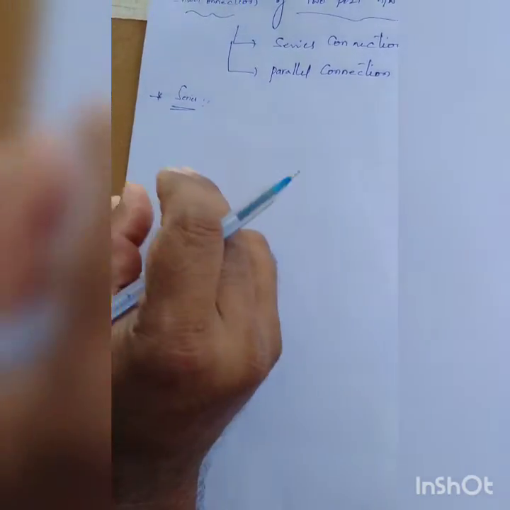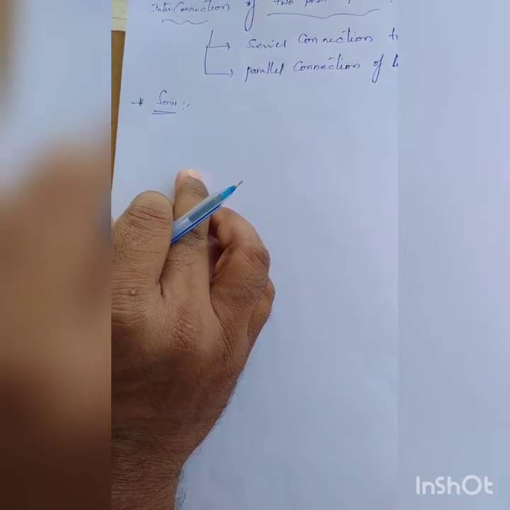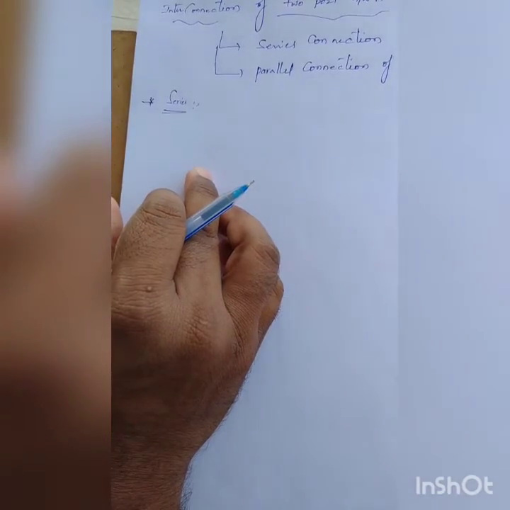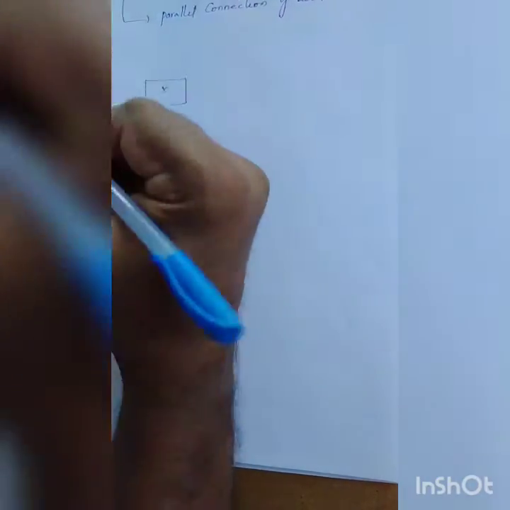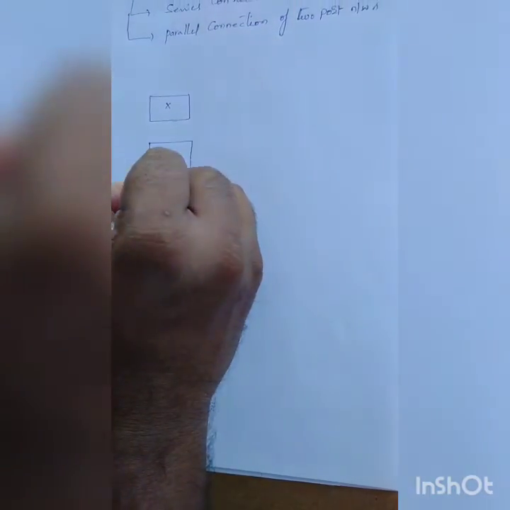In this, two ports are connected in series. The first port is the X component and the second port is the Y component. These two are connected in series. This is the X component, this is the Y component.